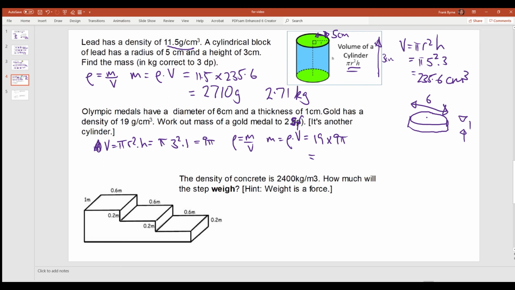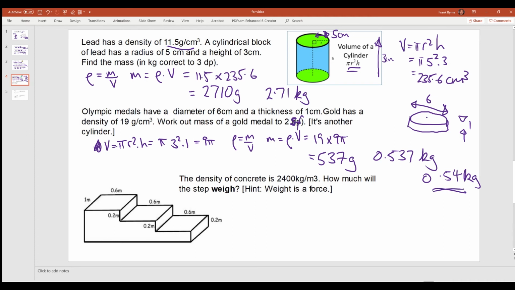So let's do 19 times 9 times pi. 537 grams. If I want to put that in kilograms, it would be 0.537 kilograms. If I wanted to do it to 2dp, it would be 0.54 kilograms. That's really what that question was asking for.